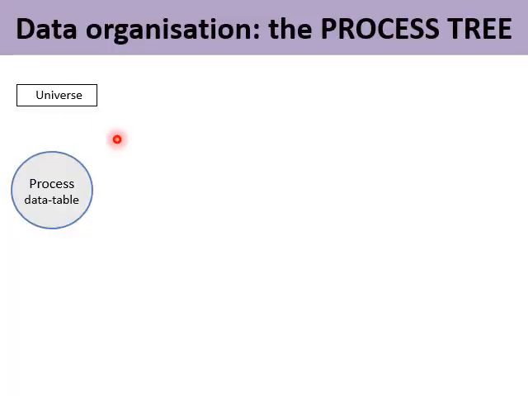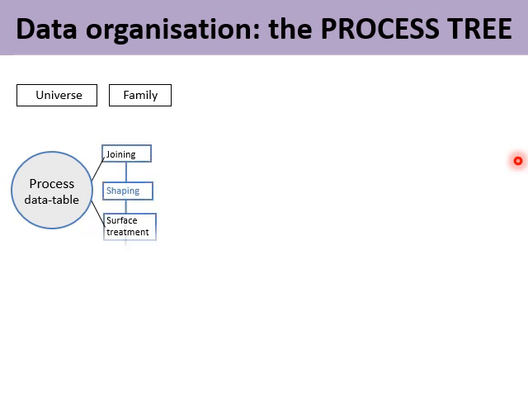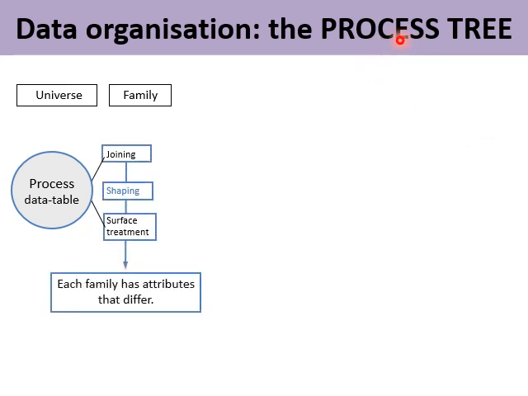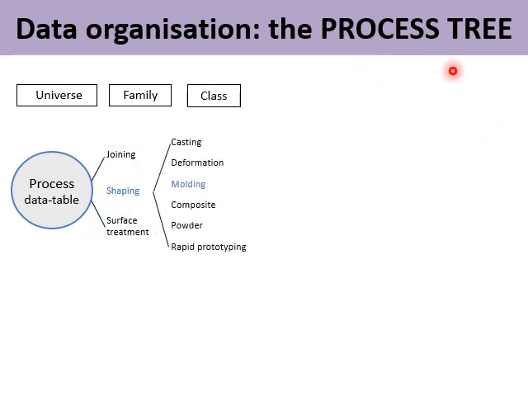If data for processes are to be stored in a database, an organizational structure is needed. This classification of process allows information about them to be organized in a useful way, one that parallels that for materials in unit 1: the three families, which are shaping, joining, and surfacing. Each contains a number of classes.